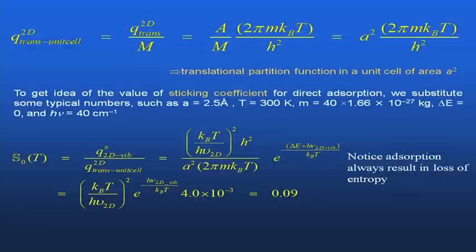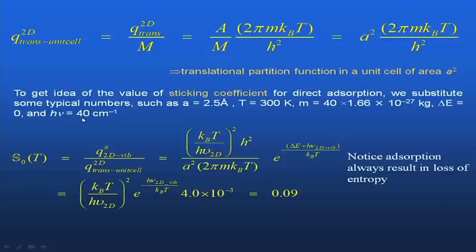So, we substitute typical numbers such that a is equal to 2.5 angstrom, temperature is equal to 300 Kelvin, mass is equal to 40 into 1.66 into 10 to the minus 27 kg for some typical atom, maybe argon.